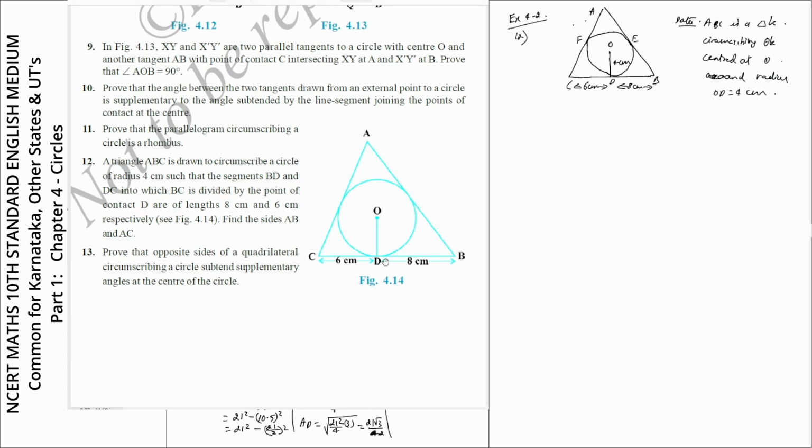Now I should find the lengths of AB and AC.